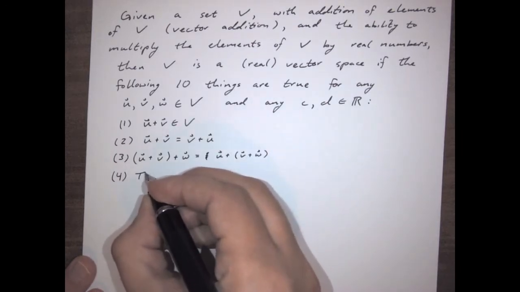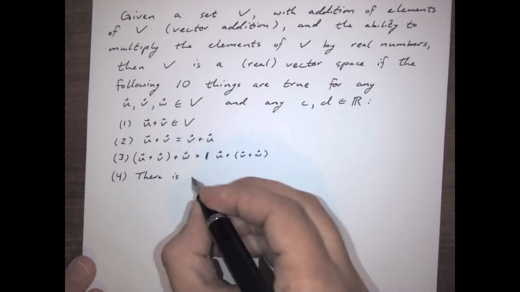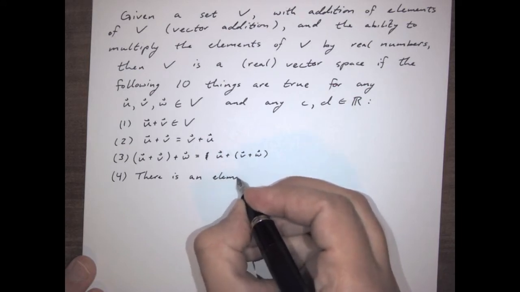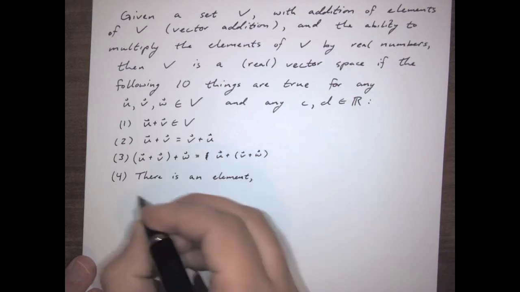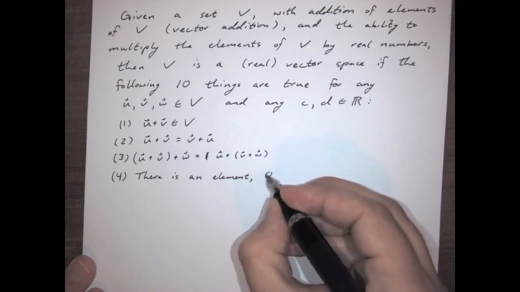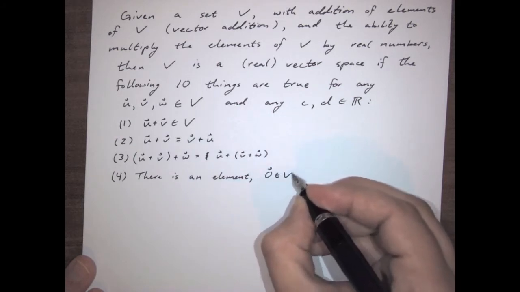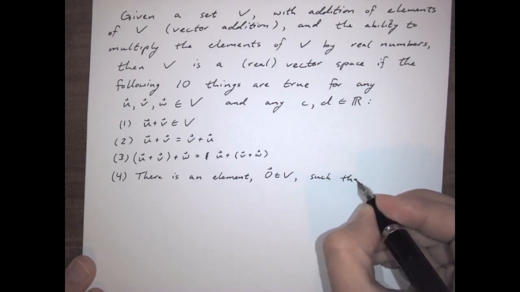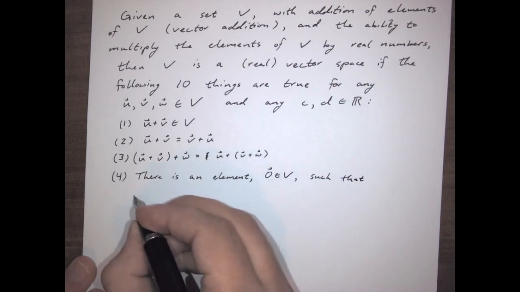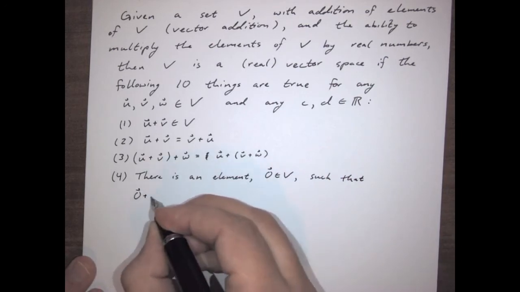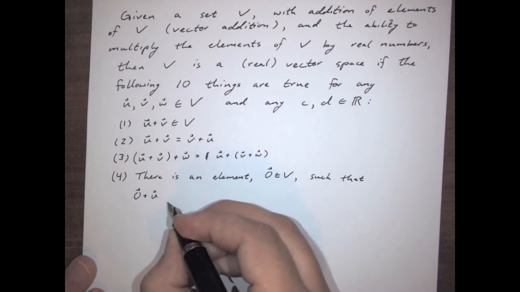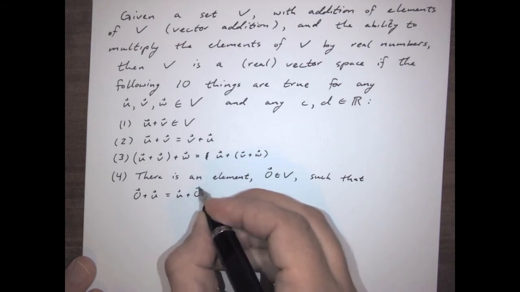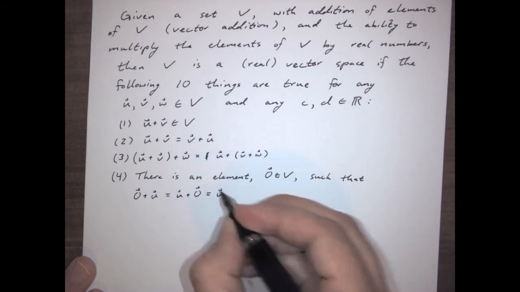So there is an element which we'll call 0, zero in V, such that 0 plus u is the same thing as u plus 0, which is the same thing as just u.